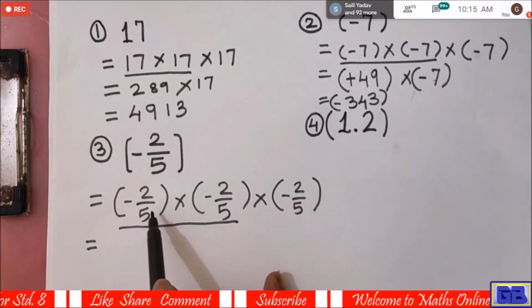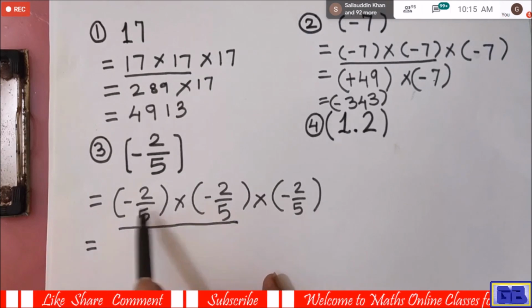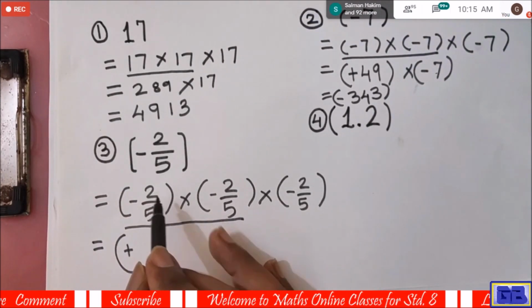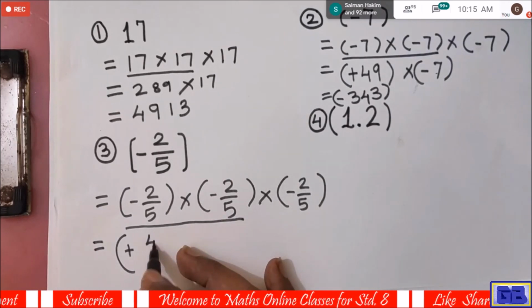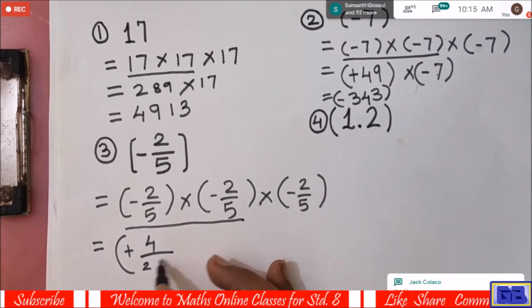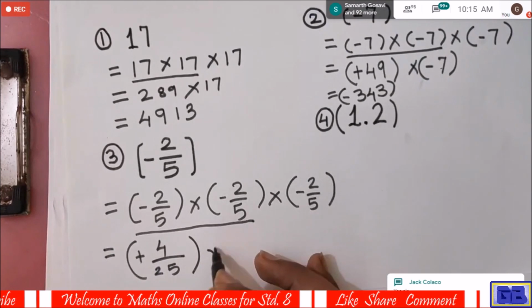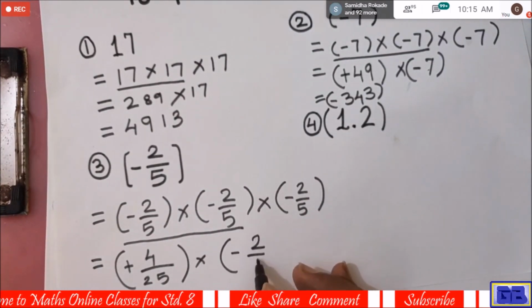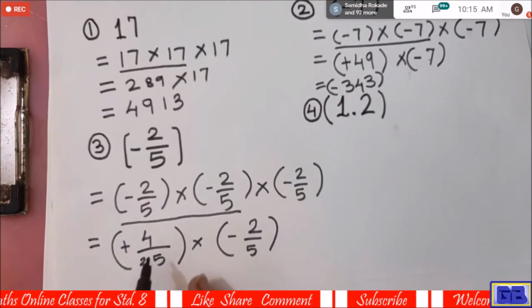We will multiply these two. Negative into negative is positive, so first I will write here the positive sign. I will write the direct answer here: 2 2s are 4, 5 5s are 25. Multiply with negative 2 upon 5.